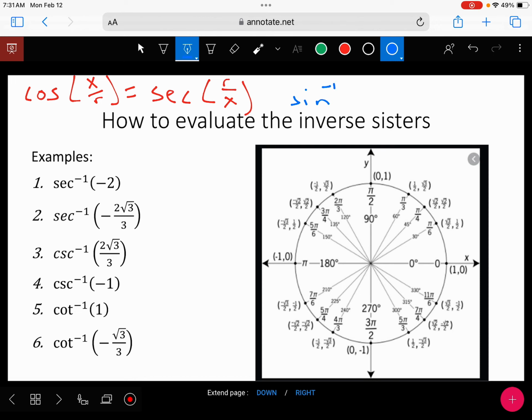Inverse sine of some radian, inverse sine of theta, is equal to inverse cosecant of 1 over theta. The same thing applies.